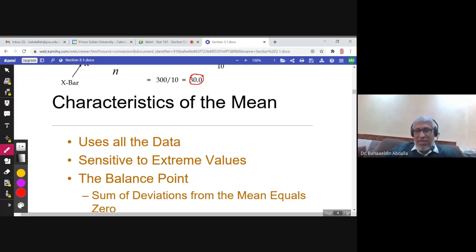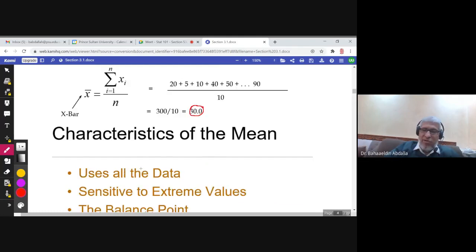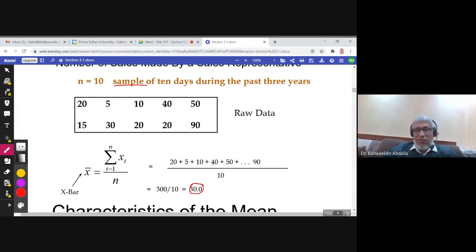The mean is sensitive to extreme values, which means if this number, for example, 90, is replaced by 900 or 9,000, okay, this will affect the mean. The mean would become much larger than 30 because 90 will be replaced by 9,000, for example.